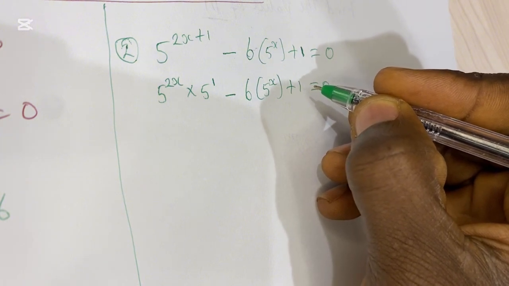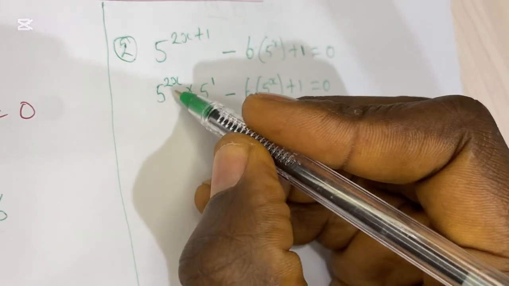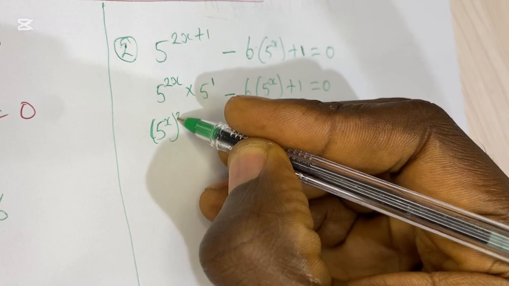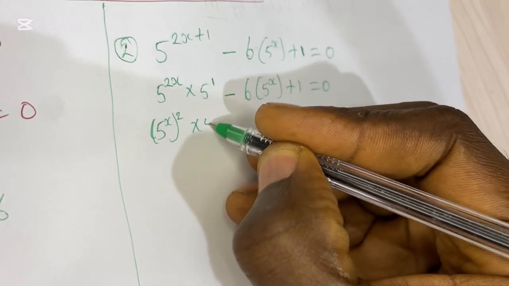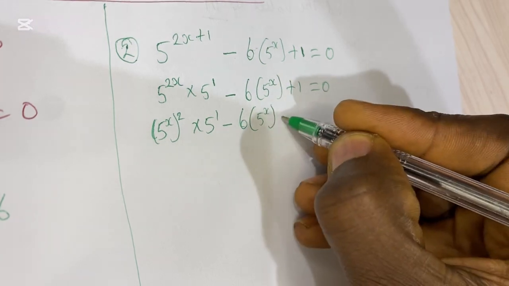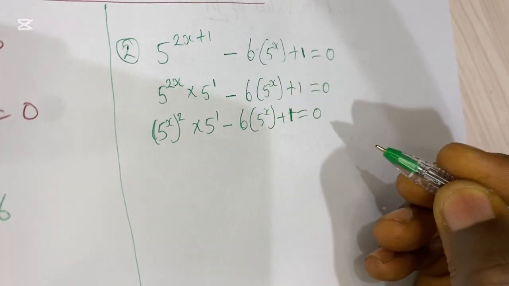Remember, 5 raised to power 2x can be written as 5 raised to power x, bracket squared, times 5 raised to power 1, minus 6 bracket 5 raised to power x, plus 1, equal to 0.